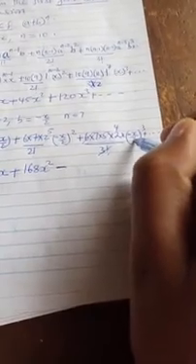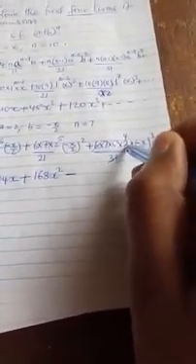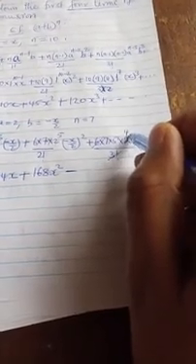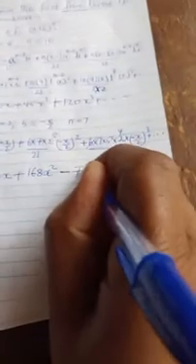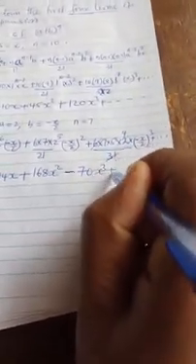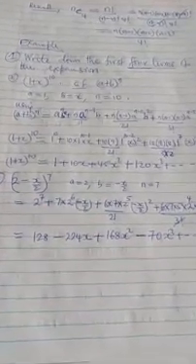I can say that will cancel, and I have an 8 here, but 2 to the power 4 is 16, so that 8 will give me a 2 here, and then this is 35, so I will have 70x cubed, and you add your 3 dots. This introduces us to one way how we can expand any number that has a higher power without struggling.